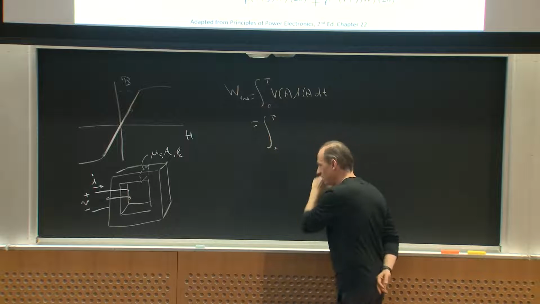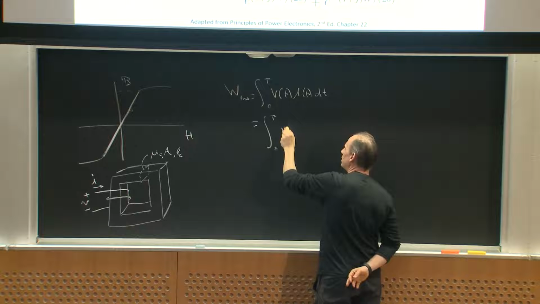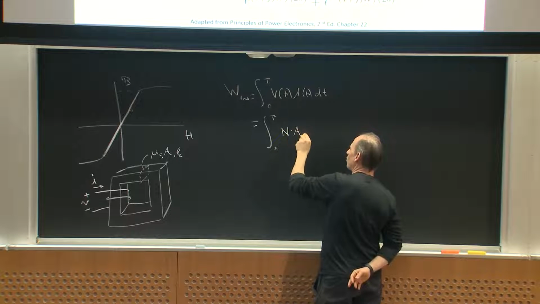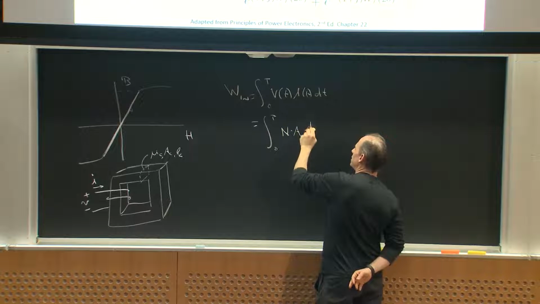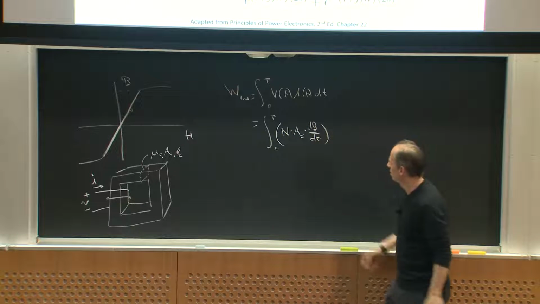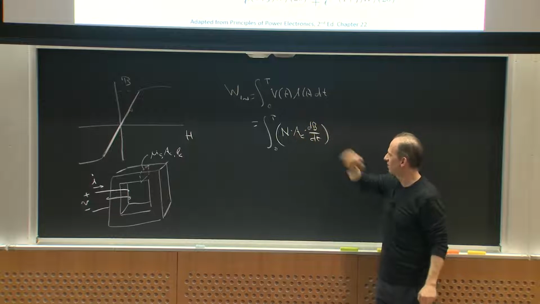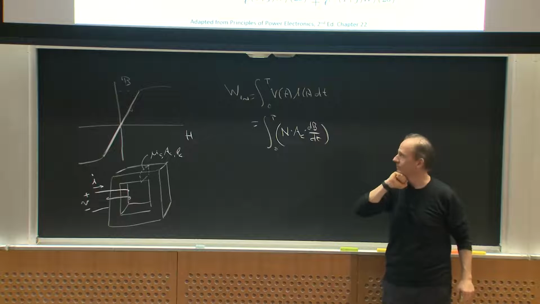What is V? V is equal to N times the area of the core times dB dt, right? Why? Because V is d lambda dt and lambda is N B A_C, so then I have N A_C times dB dt, okay?